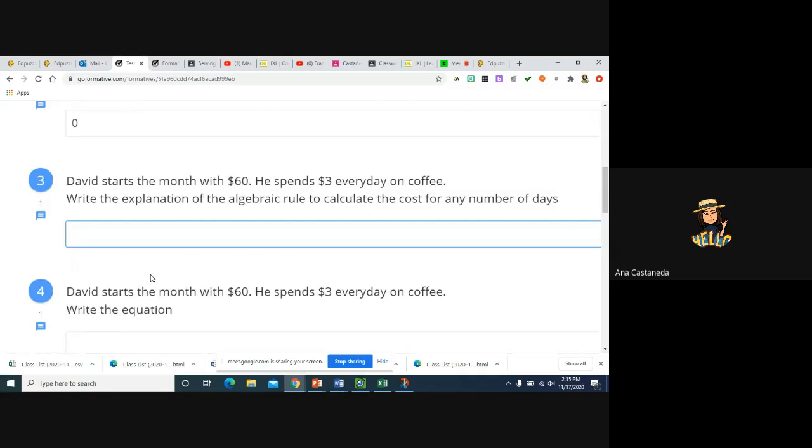You could say, to calculate the amount of money David has, we subtract 3 for each day from 60. That would be your algebraic rule. It has an operation. It has the algebraic piece, and we wrote out all the numbers.